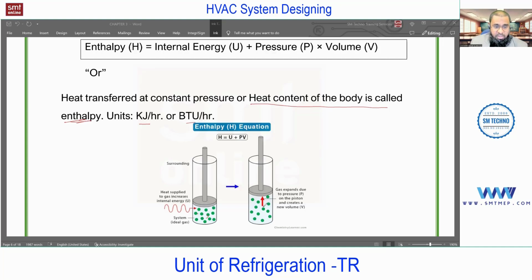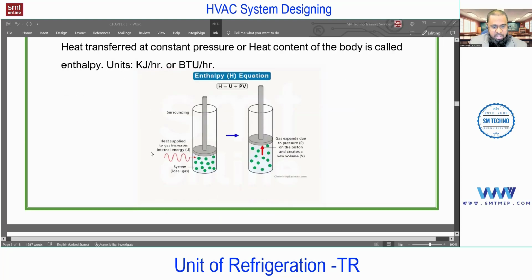This concept we will use in the vapor compression cycle. Remember, it's very important, because in the vapor compression cycle, on the actual side, you'll find different pipe sizes for liquid and for suction, meaning for gas. So H equal to U plus PV is the equation for enthalpy. Just remember this; we'll use it at the time of calculation.